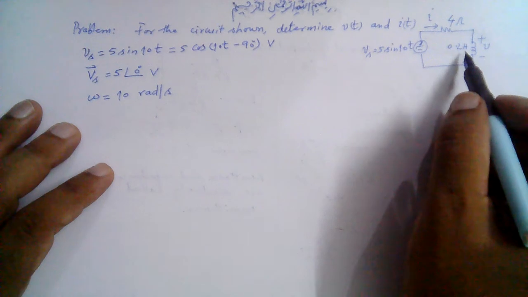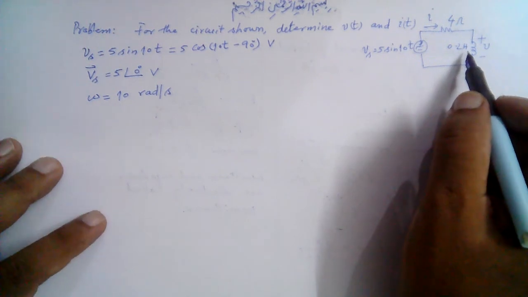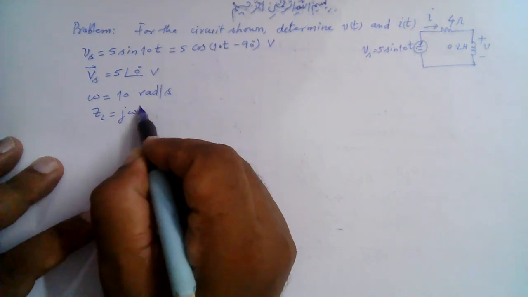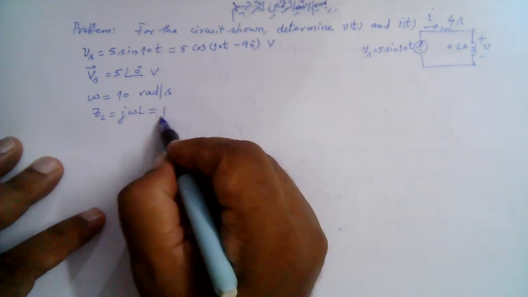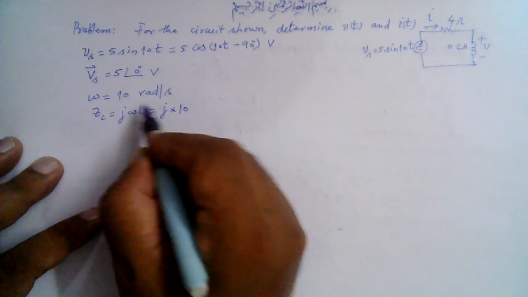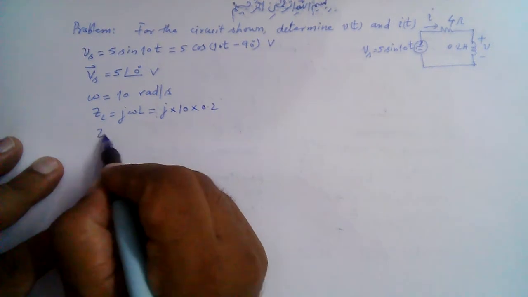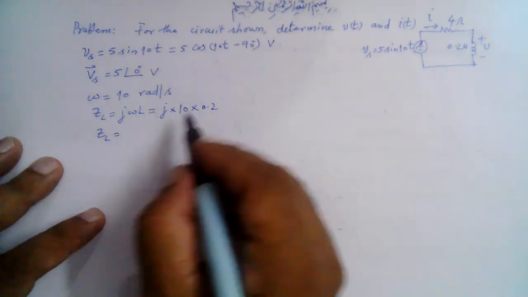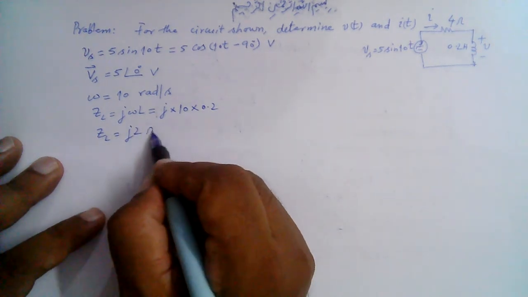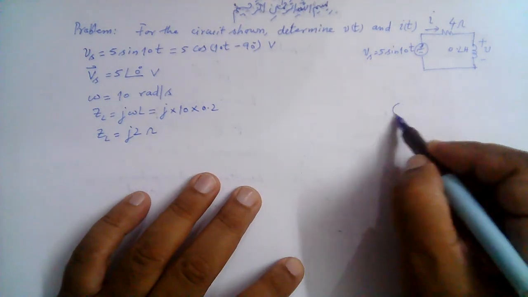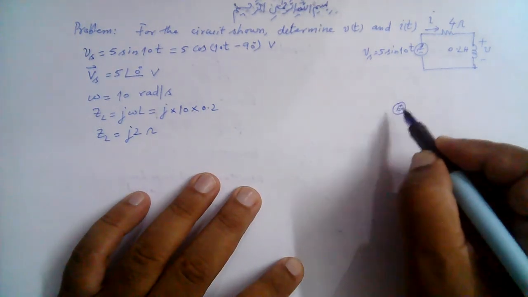And the impedance of the inductor ZL is equal to j omega L, which is given by j multiplied by 10 multiplied by 0.2. So ZL is equal to j2 ohm. So let's transform this circuit into the phasor domain.